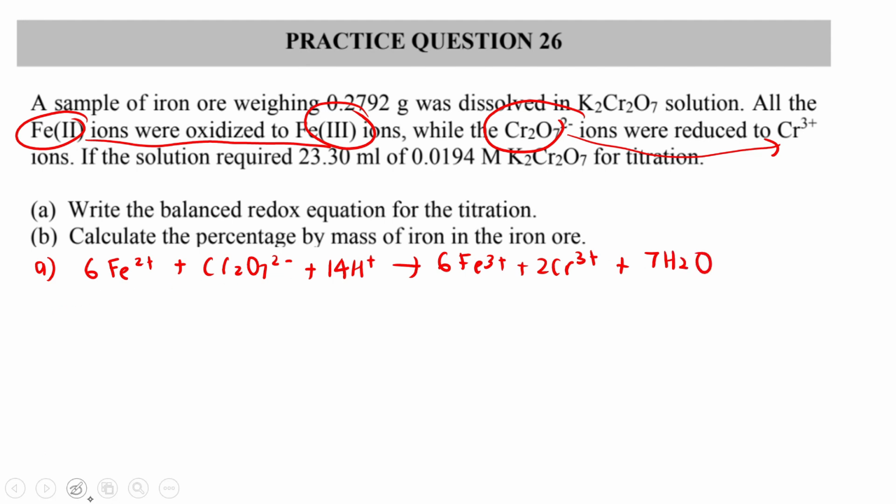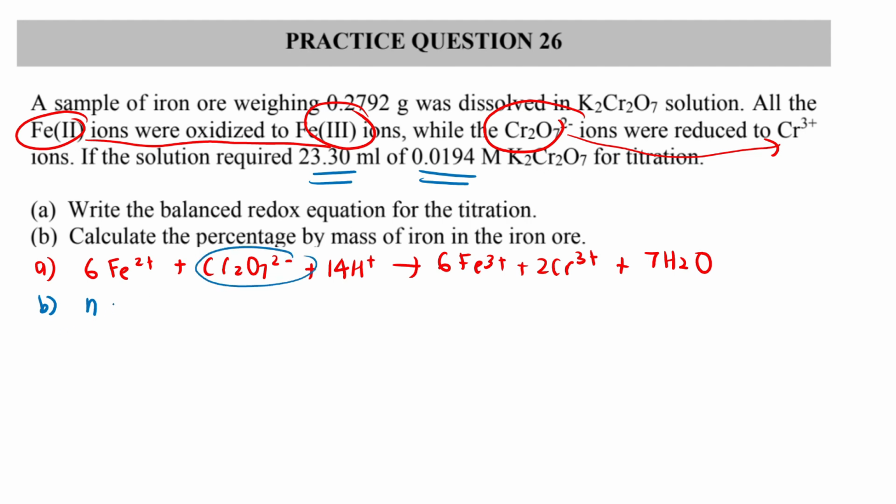Okay, then calculate question B. Calculate the percentage by mass of iron in the iron ore. This is the same as before. So first calculate the mole given. What is given is the molarity and also the volume of K2Cr2O7, which is in our equation.